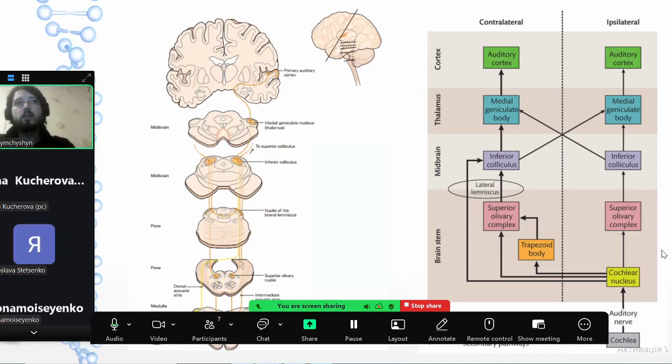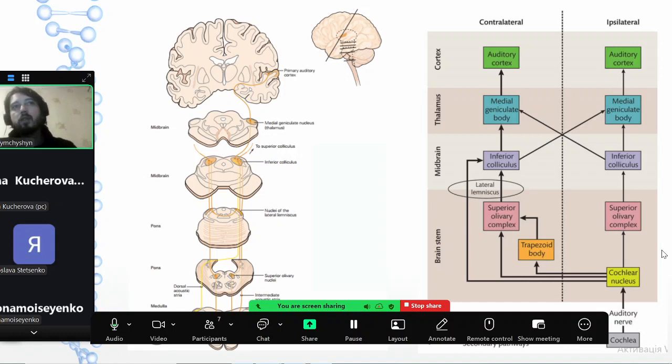Depending on our mode of sensing, different part of the information goes ipsilateral and contralateral. Most information that we get from our eyes, the right field goes to the left and the left field goes to the right. So almost all information goes contralateral.